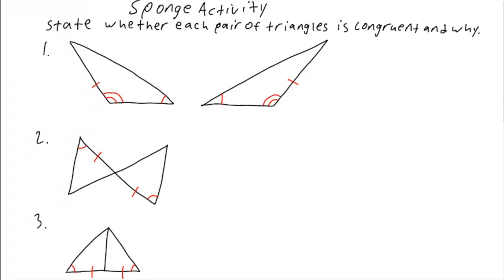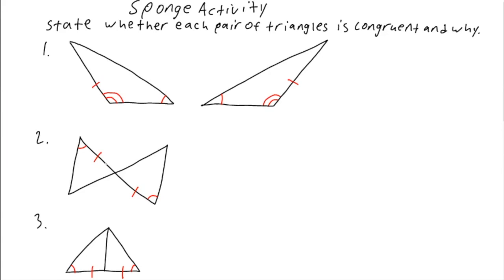Alright, now time for the sponge activity. State whether each pair of triangles is congruent and why. So first, yes or no, are they congruent? And then state why. So side, side, side, side, angle, side, all of those that we've been learning in this video. So for number 1, we have two triangles here.